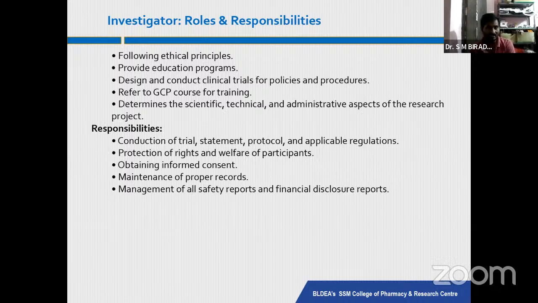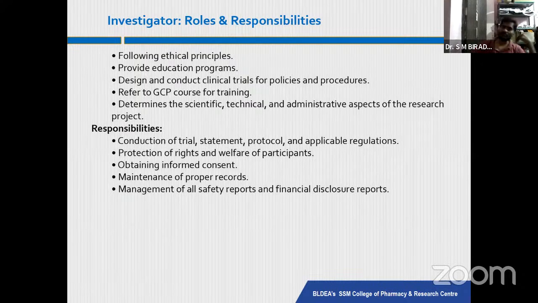The investigator should comply with GCP training and determine the scientific, technical, and administrative aspects of the research projects. He should conduct the trials according to the GCP guidelines, follow the protocol adherence and all the rules and regulations, protect the rights of participants, and obtain the informed consent form in the right way.